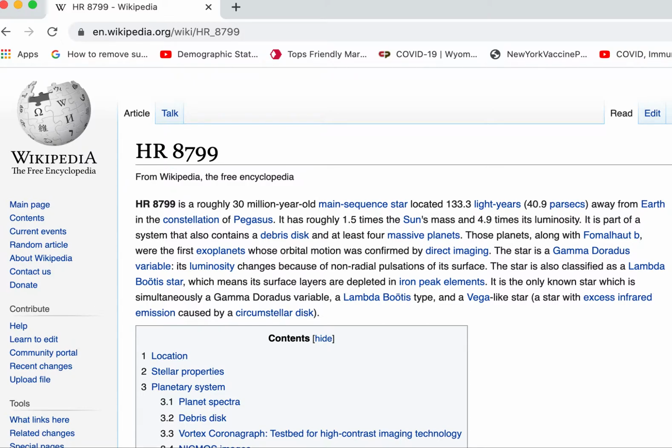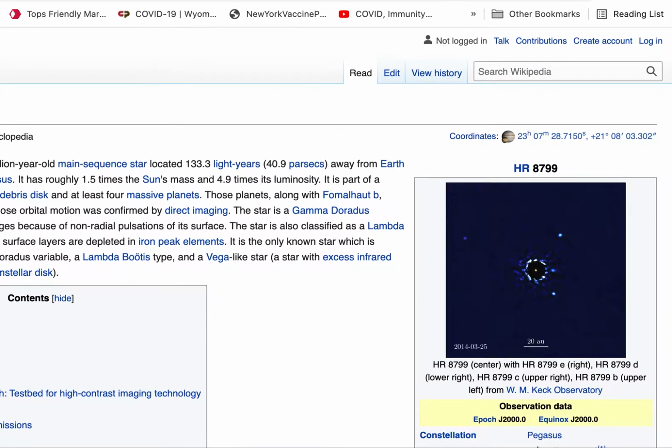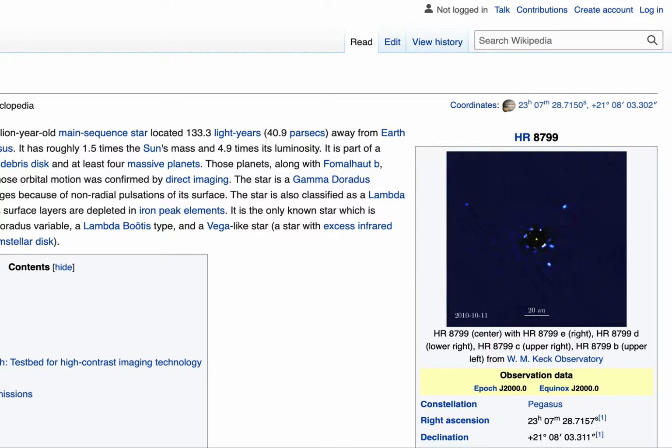And it's part of a system that also contains a debris disk and at least 4 massive planets that we can identify. And so here is the image. It's a moving image here. And you can see at least 4 substantial objects that are moving.